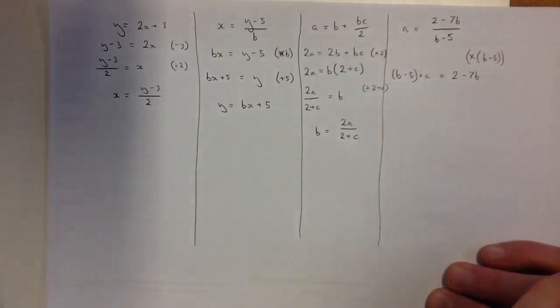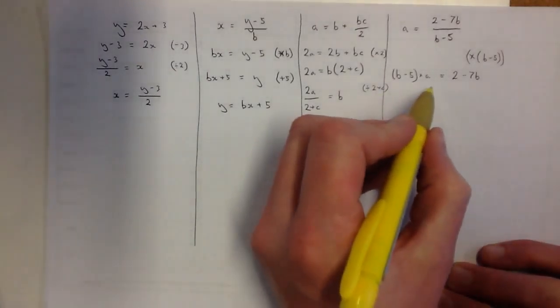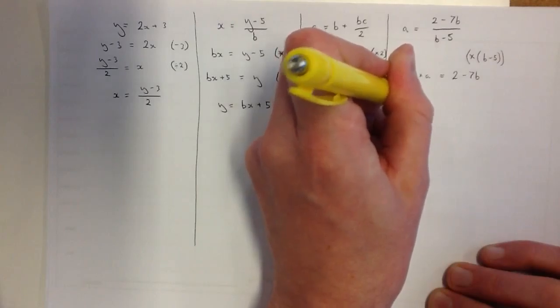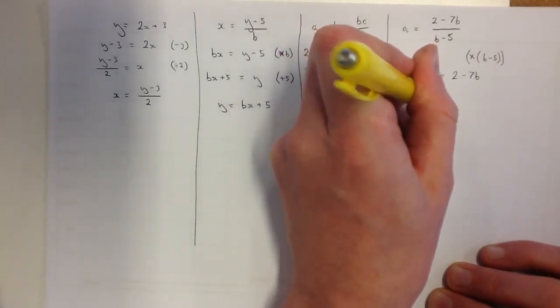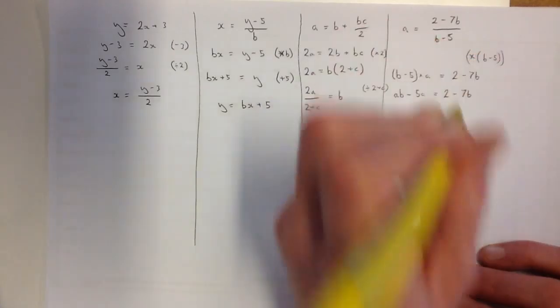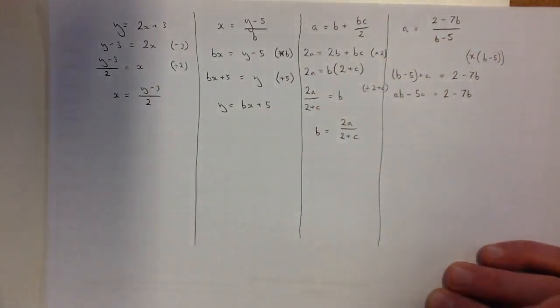Now straight away that flattens out, it removes any division from this formula. Now if we multiply this out, we've got ba minus 5 lots of a equals 2 minus 7b. So all we've done there is multiplied those brackets out.